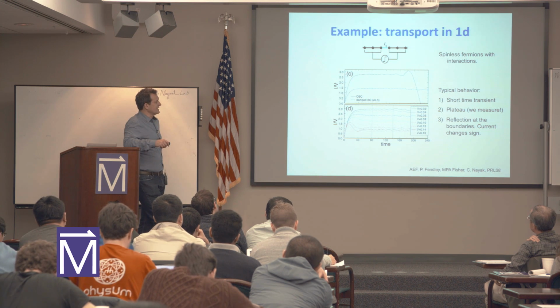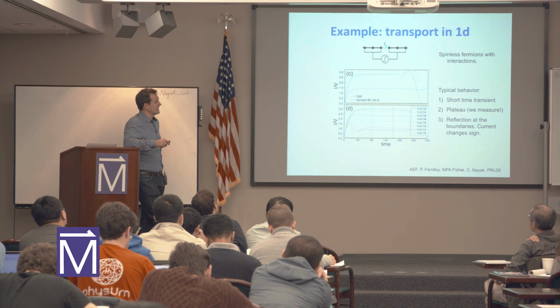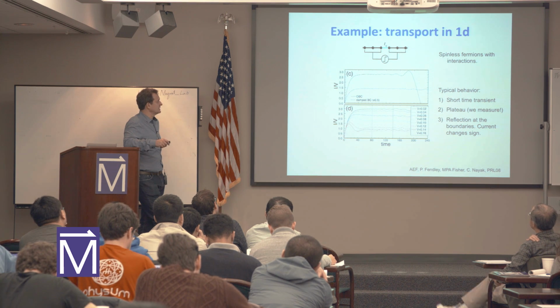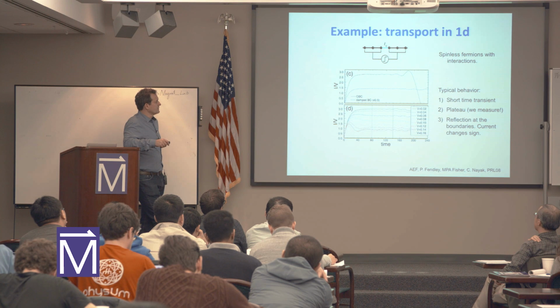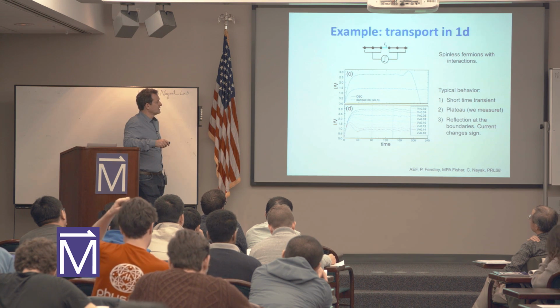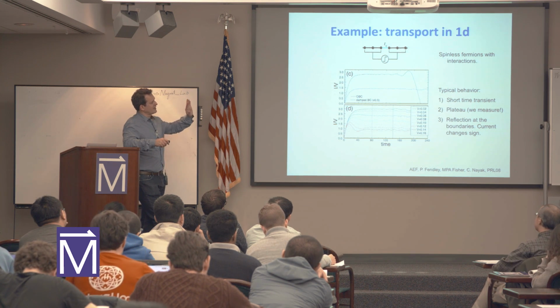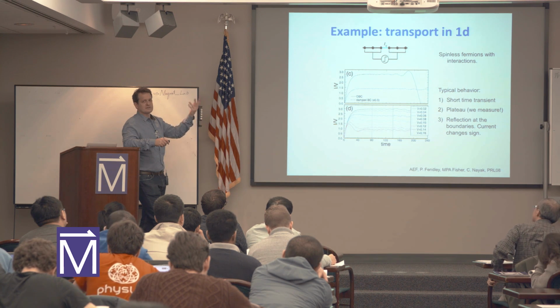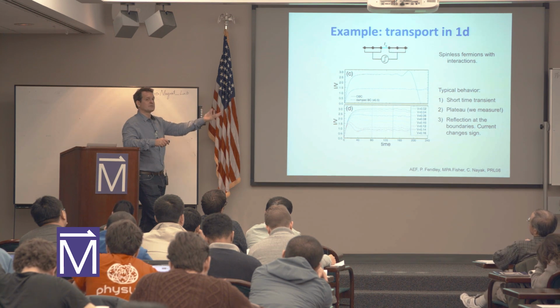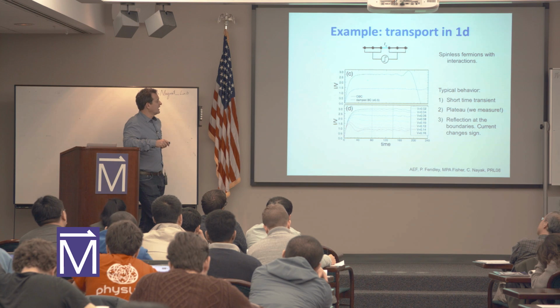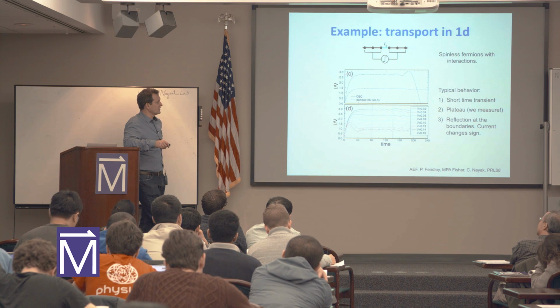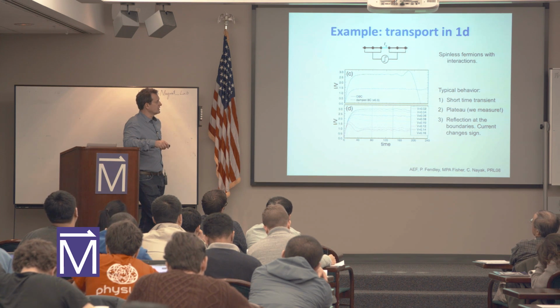And it's not quite a steady state because your system in the end is finite. So this chain is going to be finite. It's going to have like 50 sites or 100 sites. This one too. So when you reach the end of the chain, the current is going to get reversed because your electrons are going to bounce back and be reflected. And they're going to come back and give you an inversion of the current, as shown here.